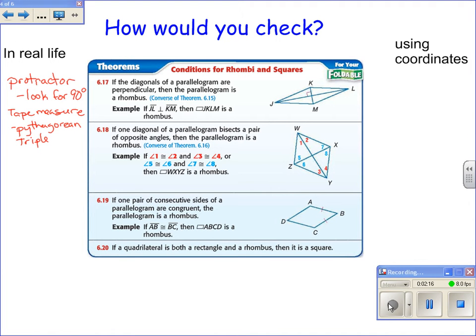If I was using coordinates and I wanted to check for 90-degree angles, I would look at the slopes of the lines. And what I would look for is that I had opposite reciprocals.